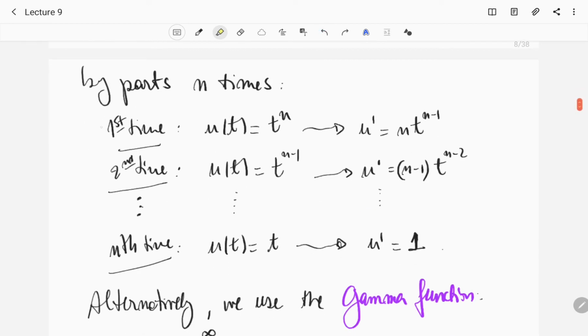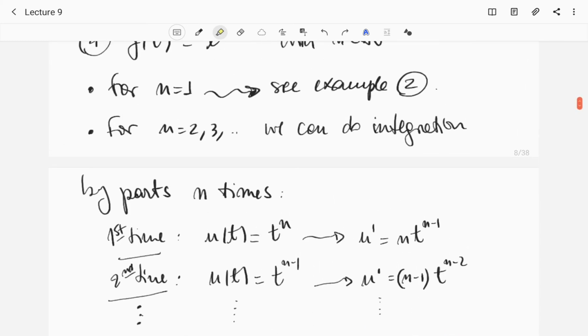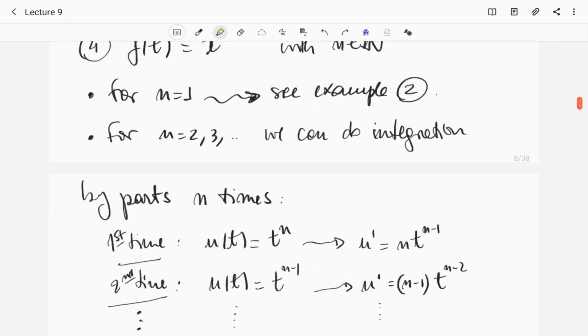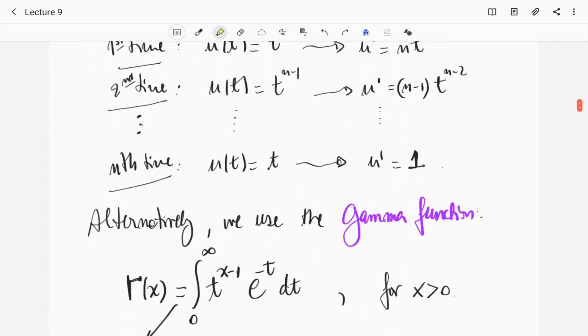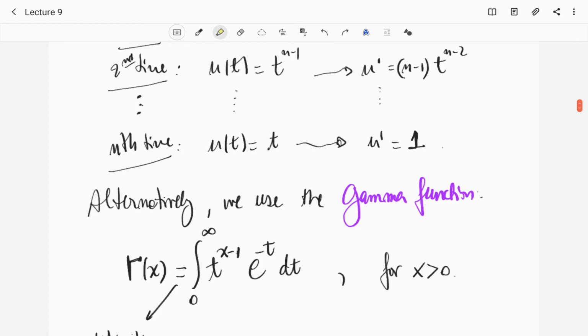So when we do parts n times, we finally get this expression, and we will find this Laplace transform. But instead of doing that, which sounds like hard work, we are going to borrow some properties of a well-known function, well-known in mathematics, let's say.